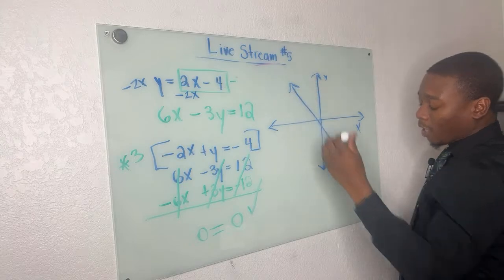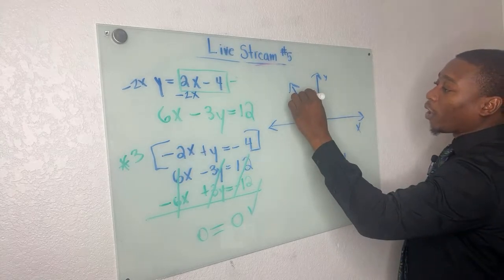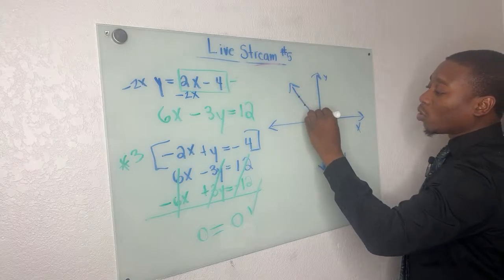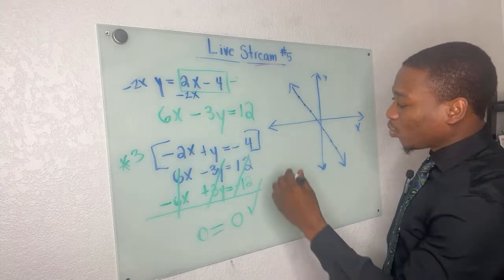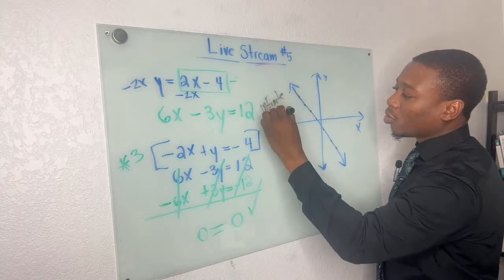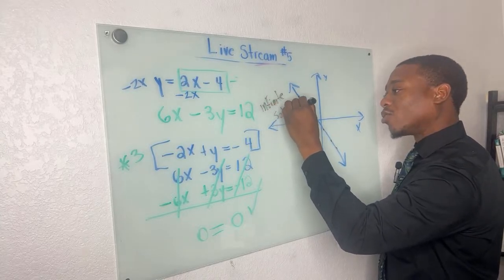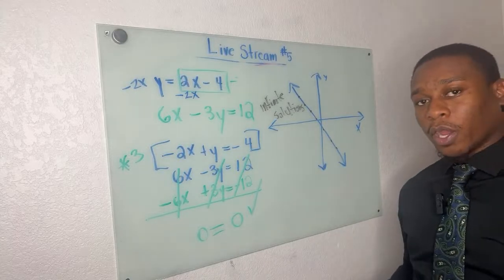It means that any point on this line, or any coordinate, I should say, is going to be a solution. And the way that we define that, we're going to use the word infinite solutions, because more than one answer will satisfy the system of equations, okay?